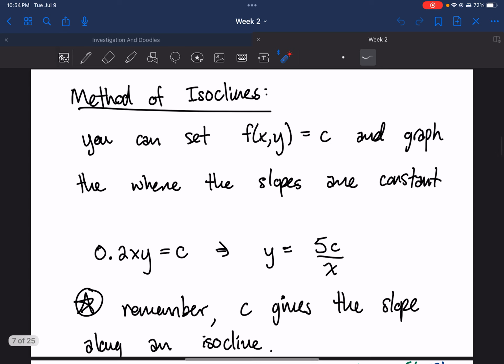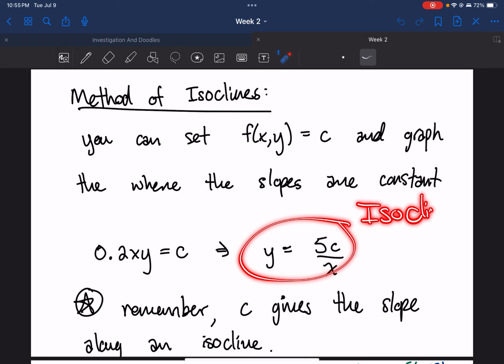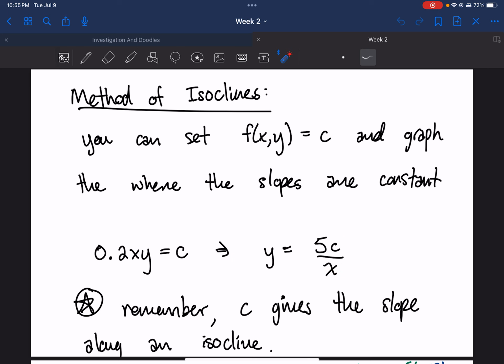Solve for y, and we get y equals 5c over x. And at this point, it's key to remember that choosing values of c is choosing the slope along some isocline. These are the isoclines. They're given by these functions for different values of c.